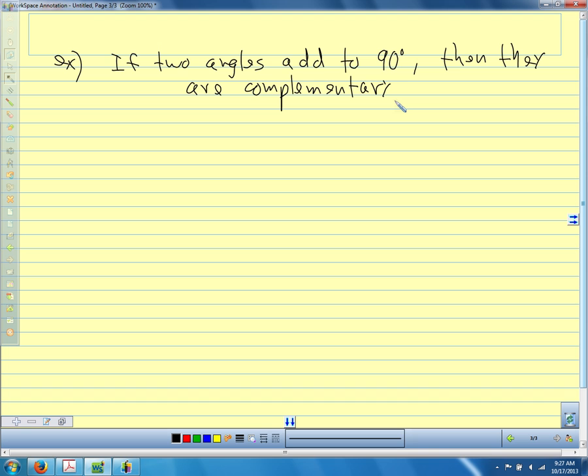And if we were being more technical, we would say if the measures of two angles add to 90 degrees. So I'm leaving that part out, just so we can not write quite so much. So if two angles add to 90 degrees, then they are complementary. Is this conditional statement true? We say yes. This is what we said complementary means. So this is true.